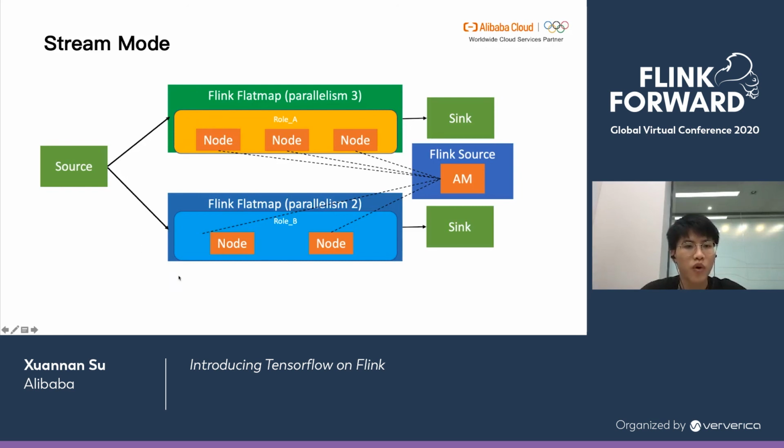Another thing to point out is that since the application manager doesn't need to consume any data, it's always running in the Flink source operator. And the inter-process communication between the Java process and the Python process uses the same implementation of memory queue as when running TensorFlow on Flink.